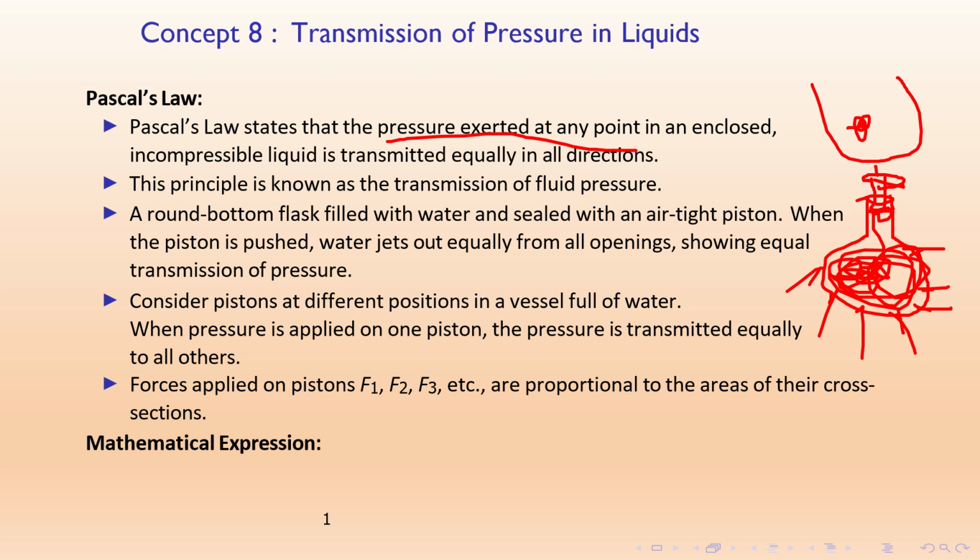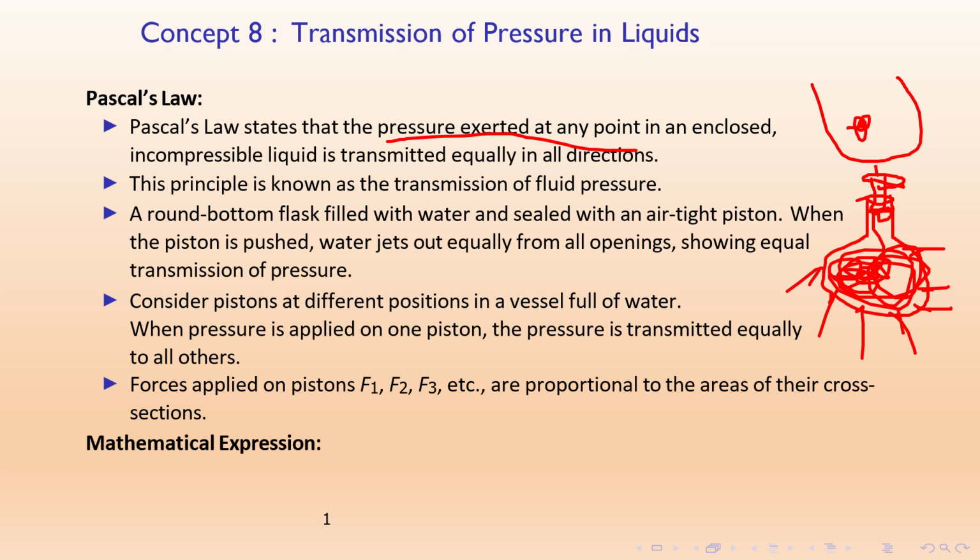So that is what it says here. The same activity we can see in the form of a picture: a round water flask filled with water and sealed with an airtight piston. When the piston is pushed, water jets out equally from all the openings, showing equal transmission of the pressure.